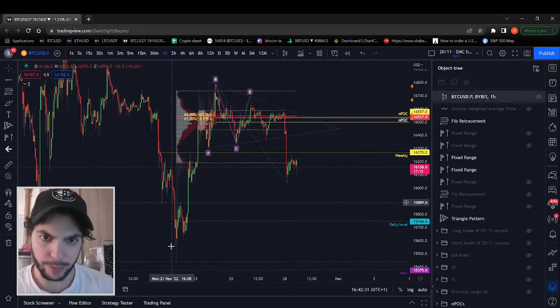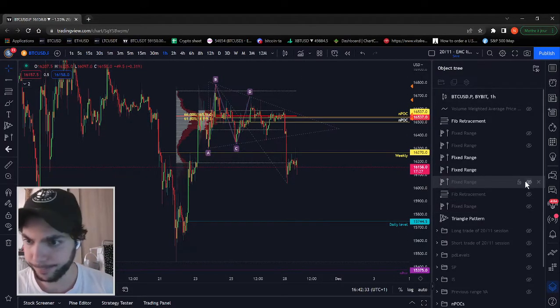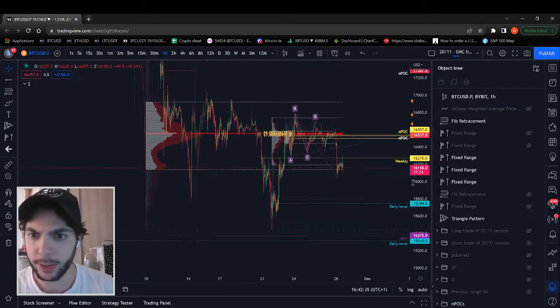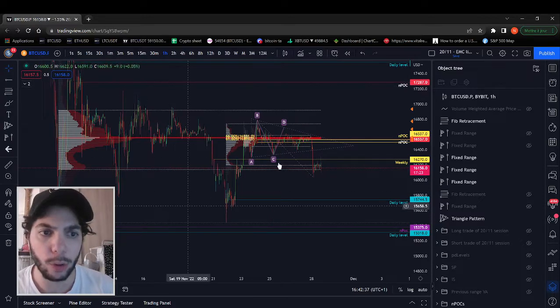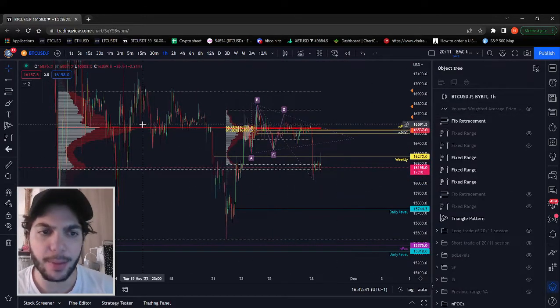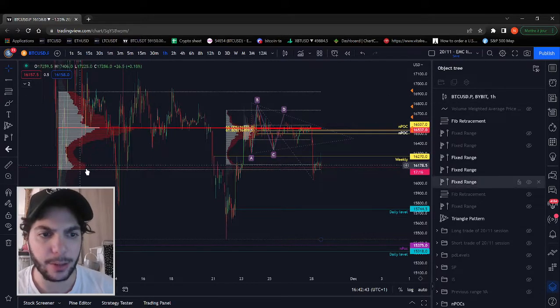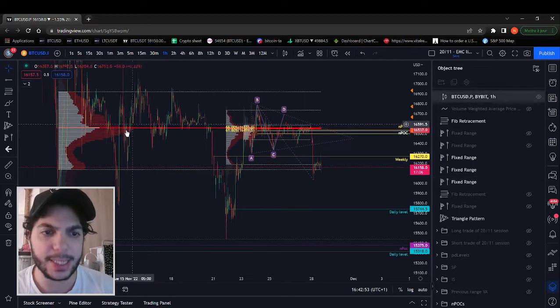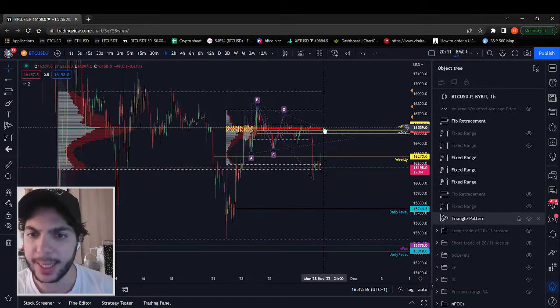Point of control of this uptrend, and more generally the point of control of this whole range. Okay, so all in all, we know that this is a big, and you can see it here. Like, you see that here, this is the area where you have the most amount of volume. Here, empty, no volume. Here, empty, no volume. Here you have a bit of volume, but this is where the volume is happening, at this level.